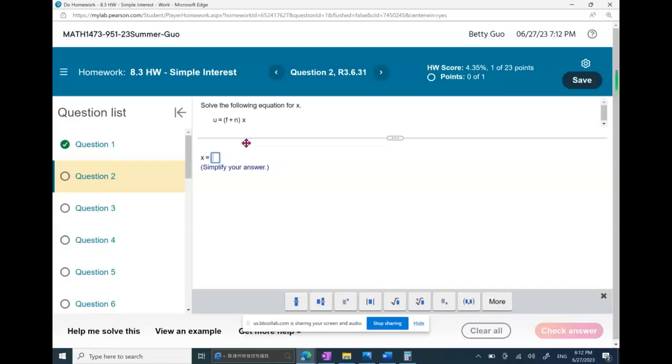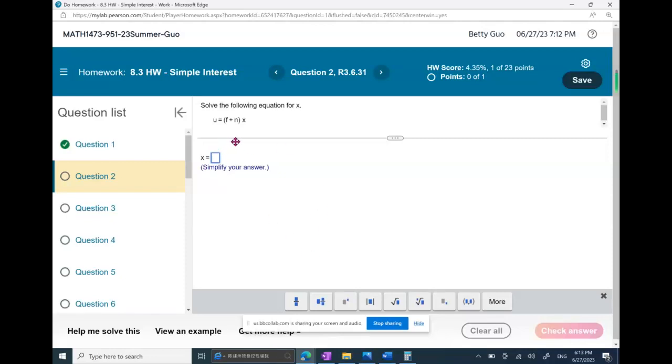Let's say you have a very, very good friend. You are not related to the friend, but you see him as your brother. Even if it's not by blood, you treat him as a brother. Same thing here. I know U, F, N are just variables, but we are going to treat them as constants, as numbers.